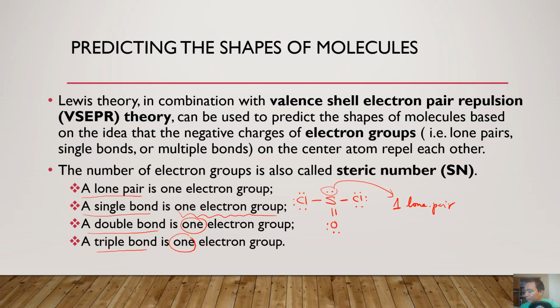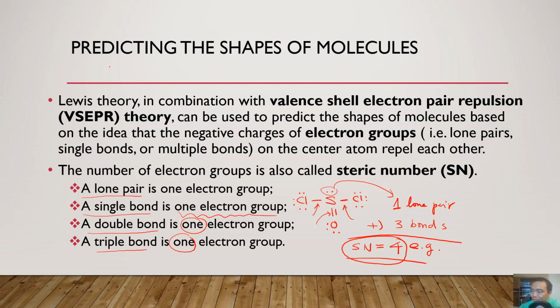And we have 3 bonds. This is one single bond and one double bond. Each bond, no matter if it's single, double, or triple, is considered as one. So we have 3 bonds. Put this together, and we have a total of 4 electron groups. This is called the steric number. So the steric number is 4 because it has 4 electron groups.